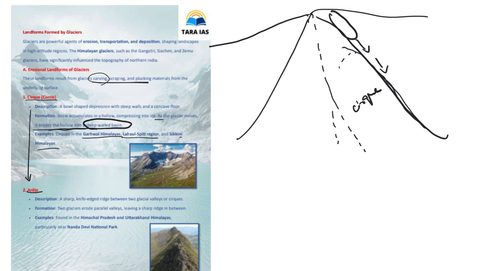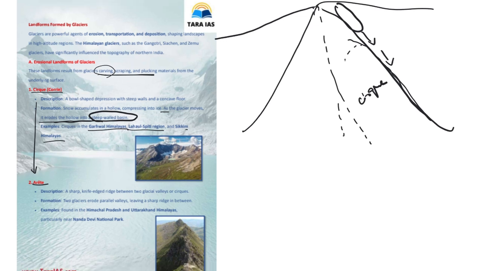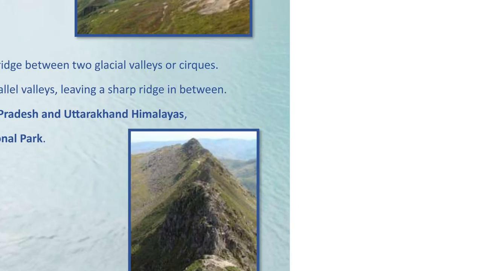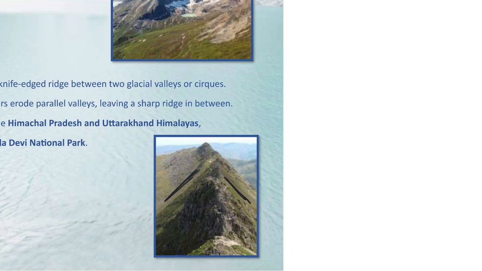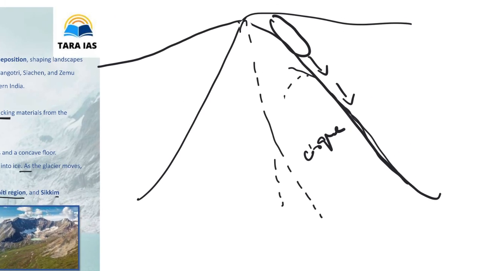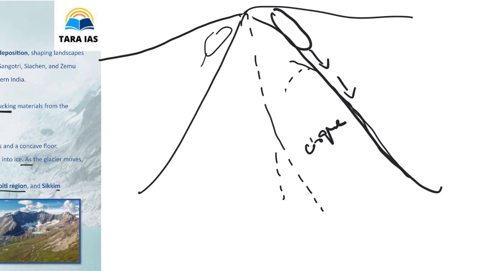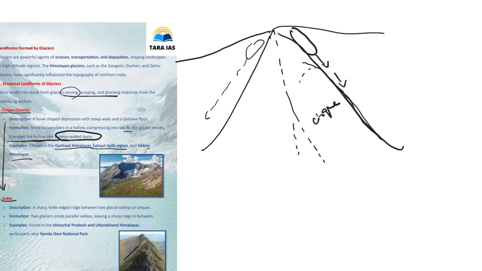And the other side of the mountain, again the mountain is 3D, so imagine it. This is one side and this is the other side, right? On the other side of the mountain, again a glacier is moving down the slope. As a result plucking happens, it plucks out all the rocky material and again a Kuri, a cirque, has formed here too, on opposite sides of the mountain.